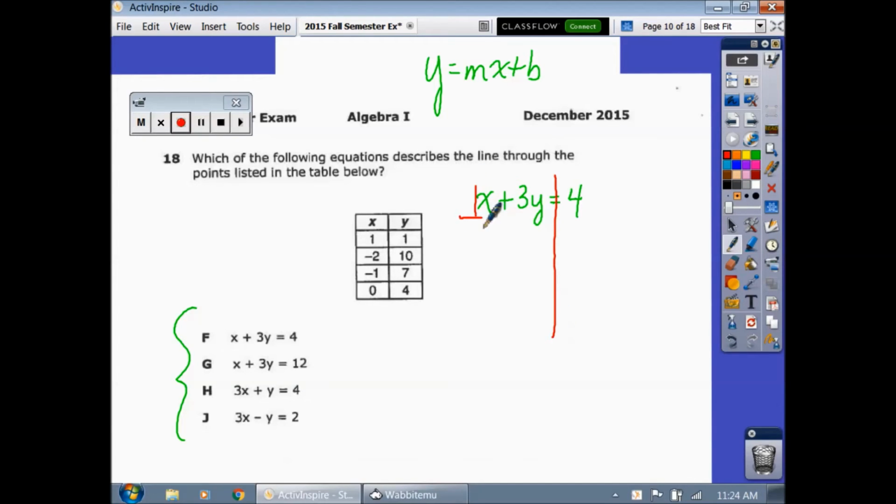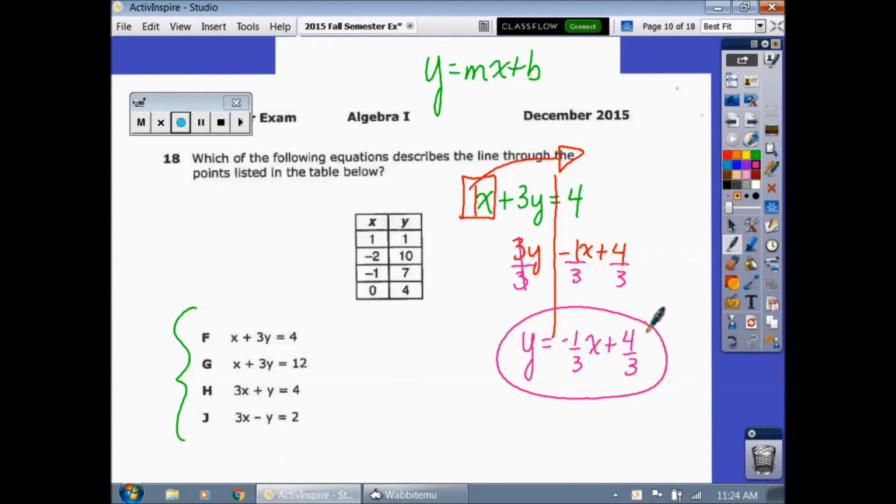X is positive on the left, so we're going to move it over here. It's going to be negative on the right. Bring down the 3y, and then your last step is to divide everything by 3 here. And you're left with y equals negative 1/3 x plus 4/3.